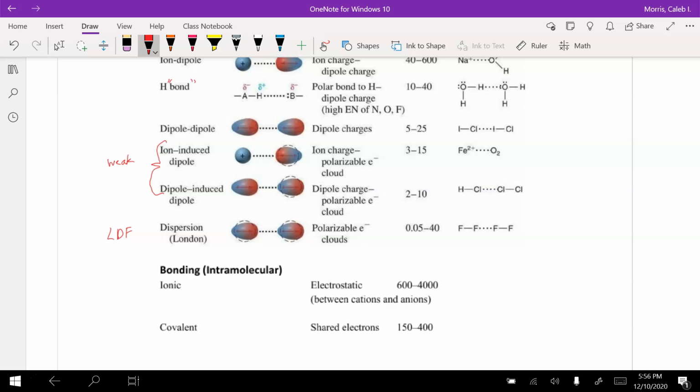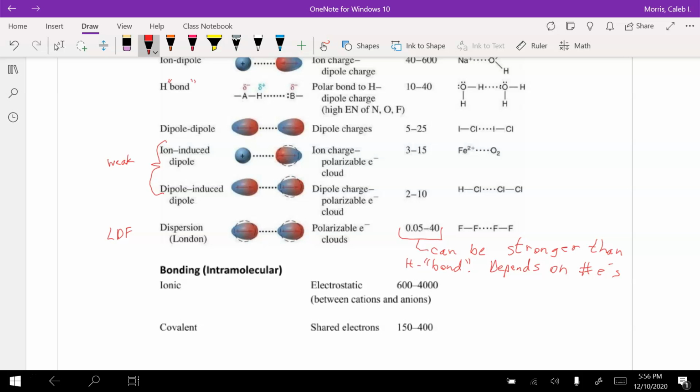So it can be stronger than even a hydrogen bond. And don't forget, that depends on the total number of electrons.